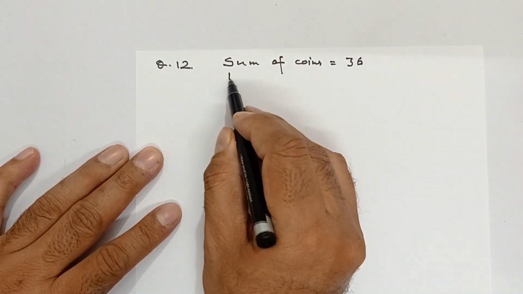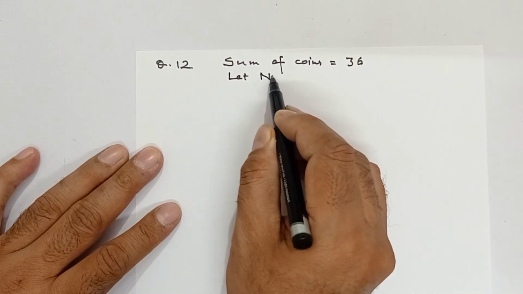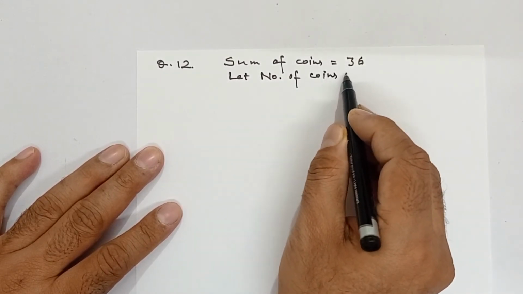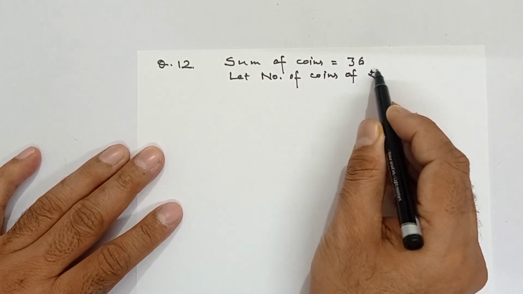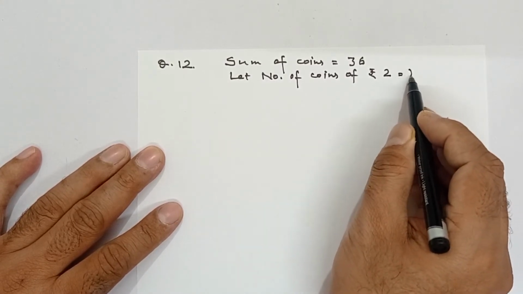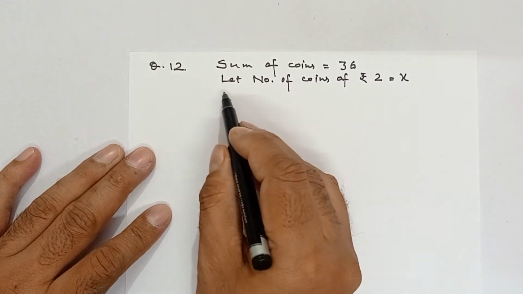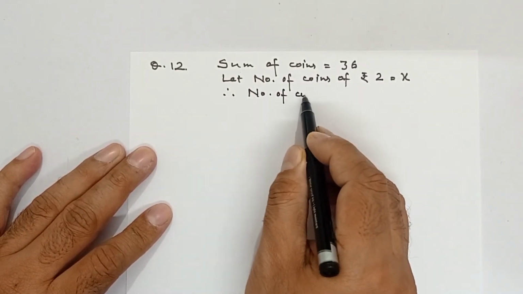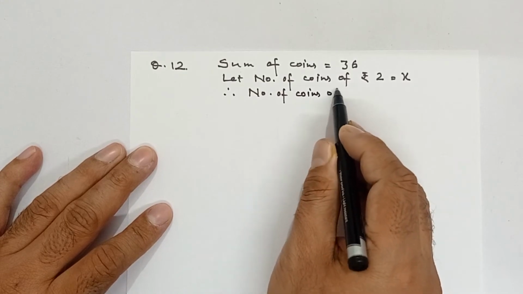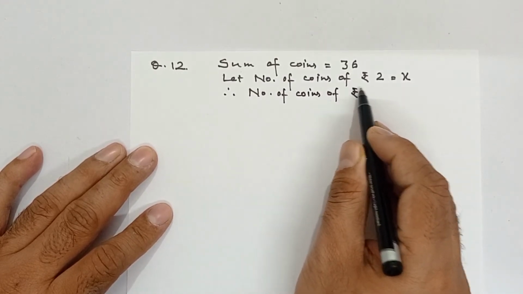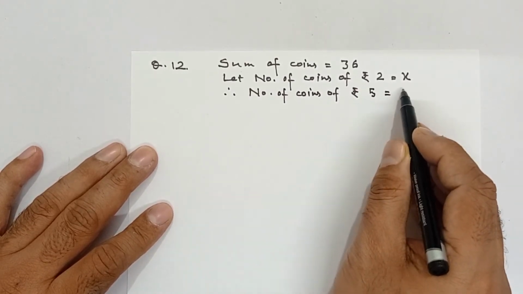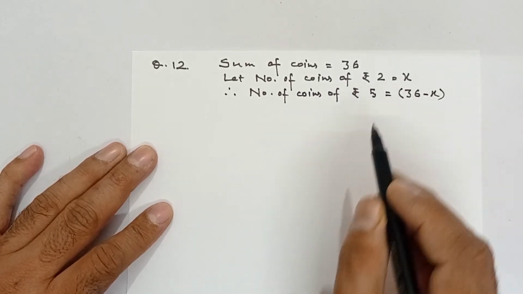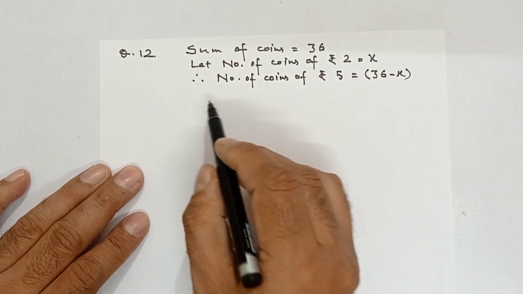So let the number of coins of rupees 2 be x. So therefore the number of coins of rupees 5, what will it be? From the total number of coins we will subtract the coins of 2 rupees. It is 36 minus x.